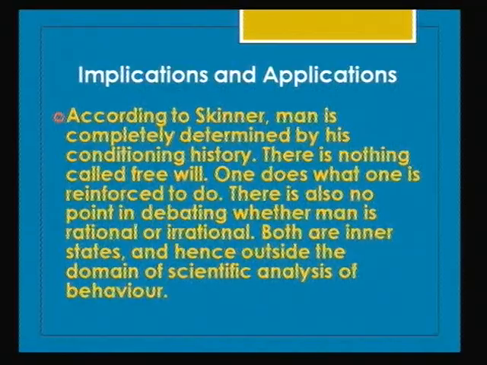Now I will come to the implications and applications of Skinner's position. He did not want to use words like personality or thought in his entire scheme of things. What he emphasized was that human beings, even human beings, do not have free will.